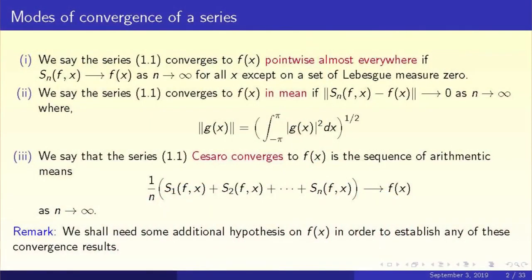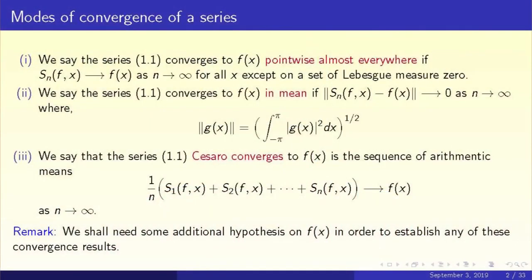Well, let Sn f(x) denote the nth partial sum, that is the sum of the first n terms of the right hand side of 1.1. There are several ways of assigning a meaning to the equation 1.1 and let us look at a few of those in the next slide.